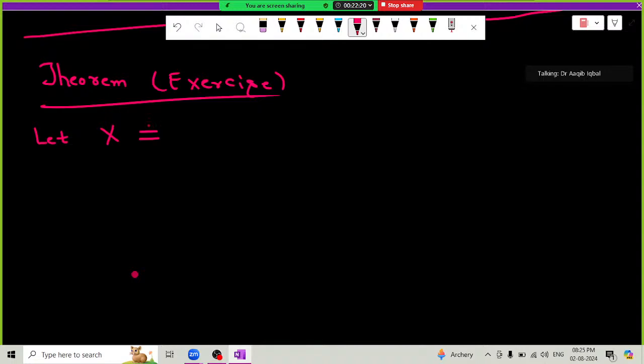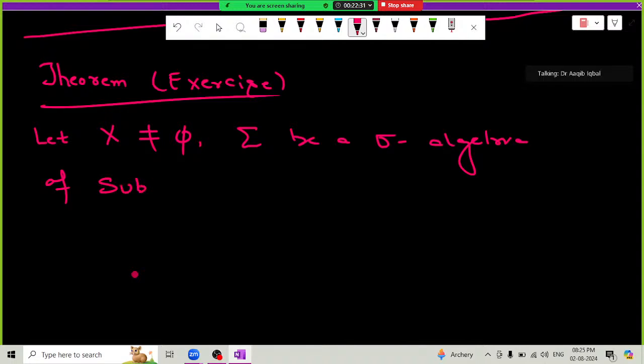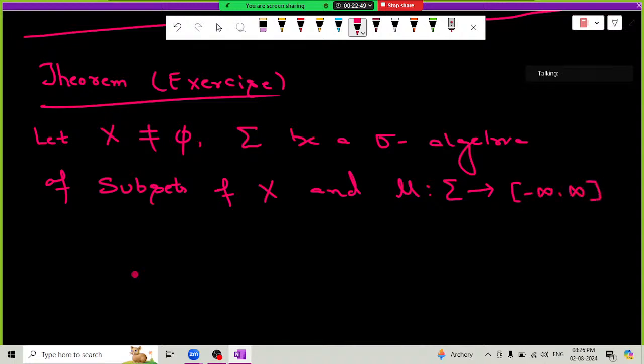Let X be a non-empty set, capital Sigma be a sigma algebra of subsets of X and mu from capital Sigma into minus infinity to plus infinity be a signed measure.